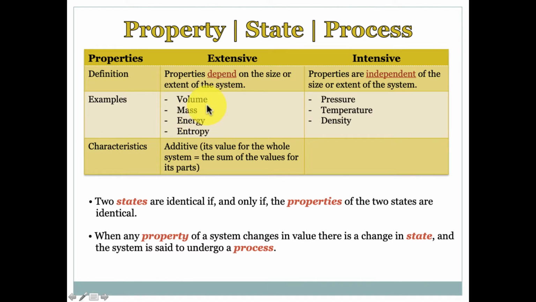Other than volume and mass, other examples of extensive properties are energy and entropy.